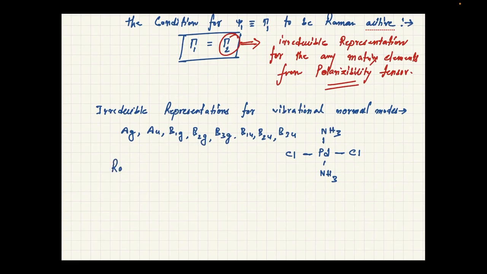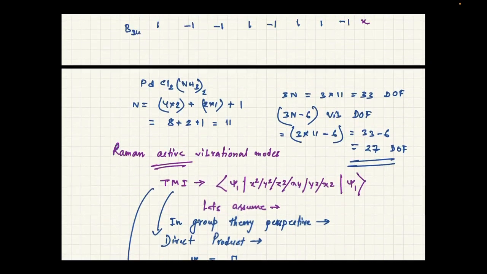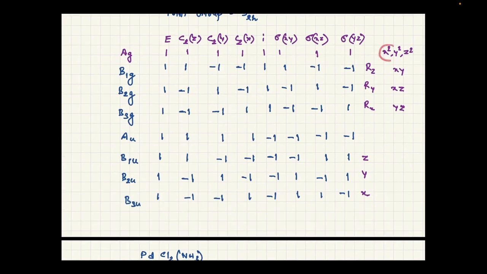So the Raman active normal modes: from this character table you can see the x square, y square, z square, or xy, xz, yz, these quadratic functions act as a basis for the irreducible representations Ag, B1g, B2g, and B3g, right?